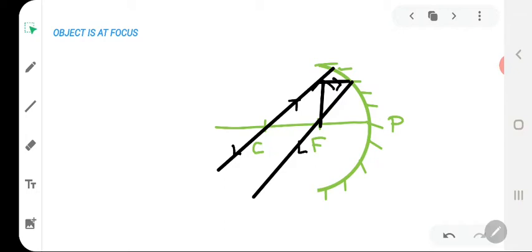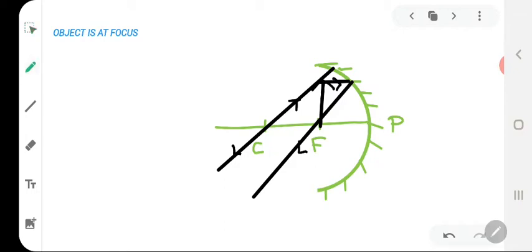So, when an object is placed at the principal focus of a concave mirror, the rays of light from the object travel parallel to each other after reflecting from the mirror, and these parallel reflected rays intersect each other at infinity. So, the real and inverted image is formed at infinity. The size of the image is much greater than the size of the object, and a highly magnified image is obtained.